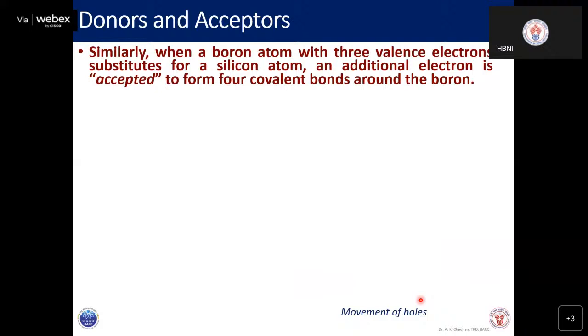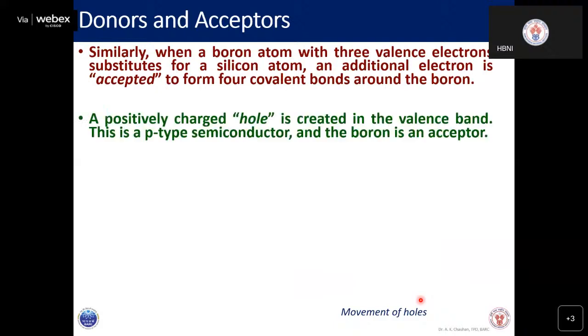Similarly, when a boron atom with 3 valence electrons substitutes for a silicon atom, an additional electron is accepted to form 4 covalent bonds around the boron. So if we see the same situation where in place of phosphorus we put boron, there are 4 electrons of silicon, and then boron will have fewer.